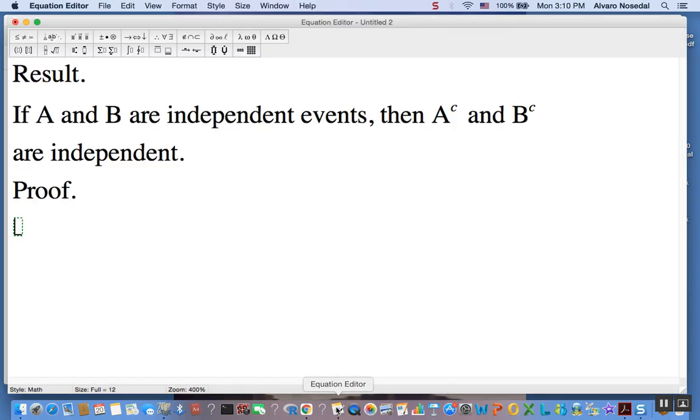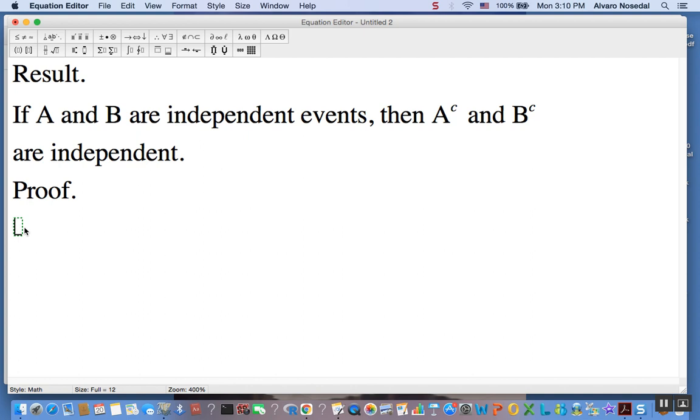Let me show you the theorem that we're going to be showing here. It has to do with independence. So what we have here is that if A and B are independent events, then A complement and B complement will also be independent. Okay?